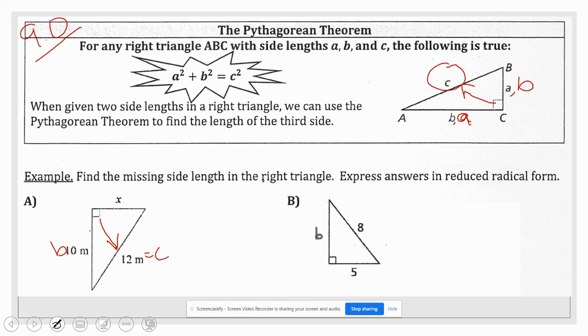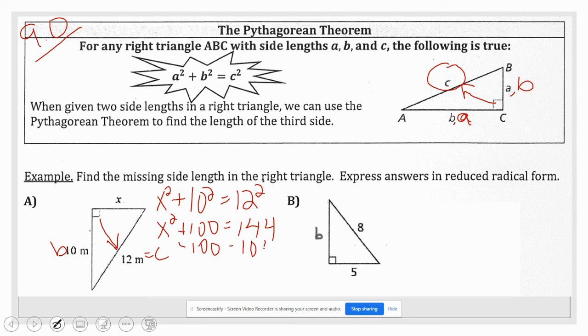So I'm going to make 10 side B. So I'm going to have X squared plus 10 squared is 12 squared. You have to do the squaring before you can start solving and moving to get X alone. So I have to do 10 squared is 100 and 12 squared is 144.